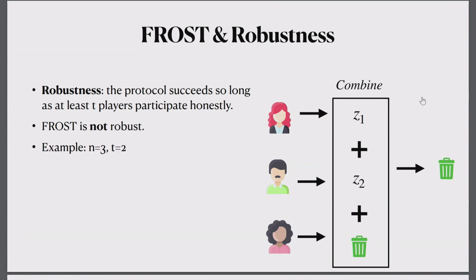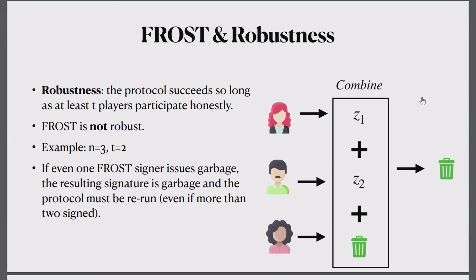Looking at this example to the right, let's say you have a 2 out of 3 scheme where you have 2 signers required and 3 total. If you have 3 signers contribute to the signature, but 1 signer contributes garbage, you have to throw away that signature. It won't validate. So it's a correctness issue, actually. If you have this case, you have to rerun the protocol.